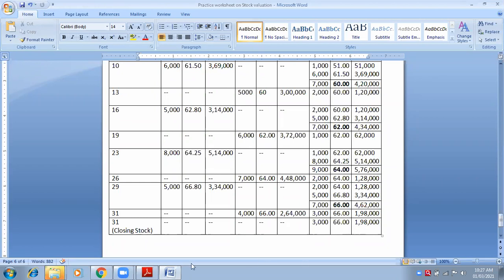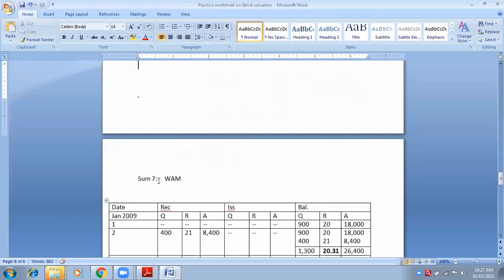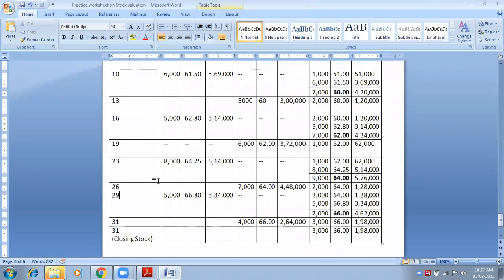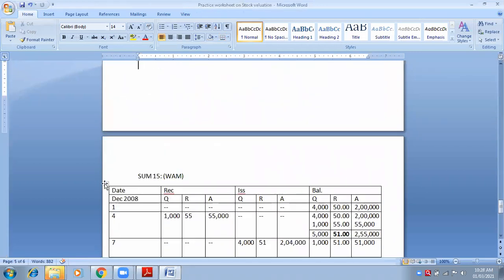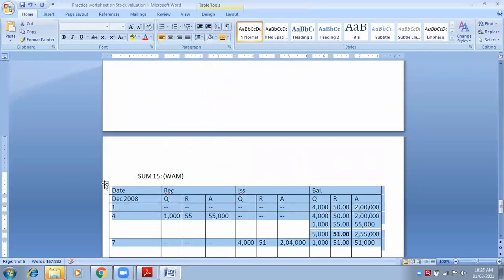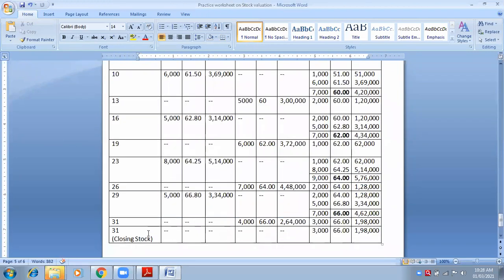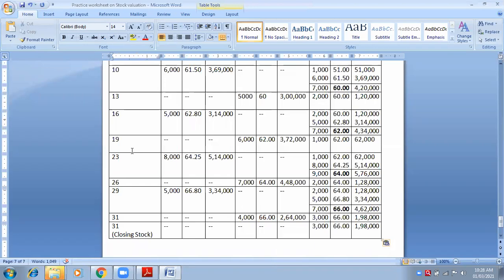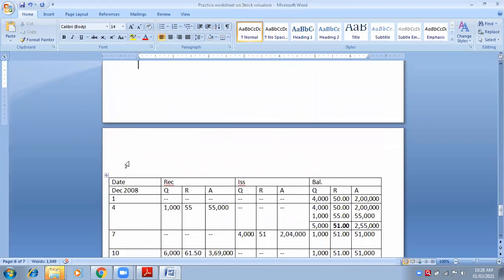Okay, now let us do the same sum as per FIFO method. Start with the columns first.